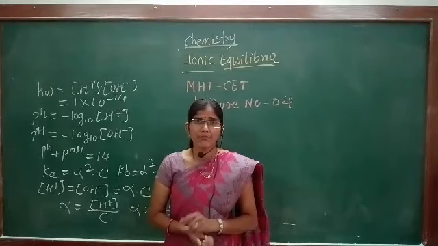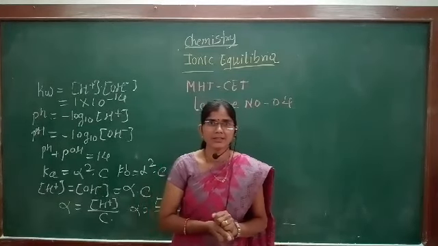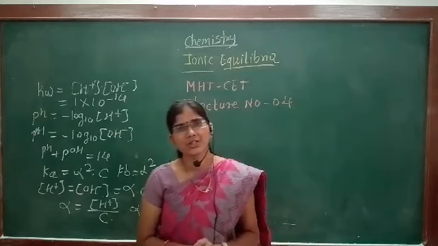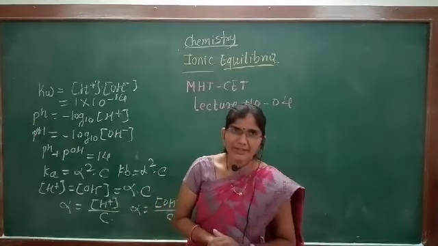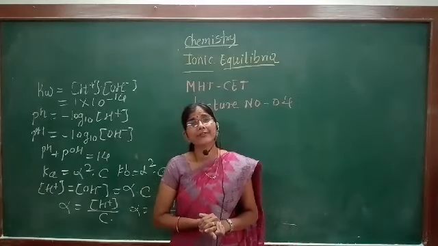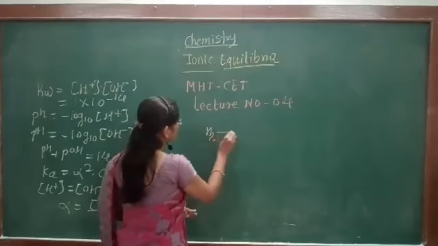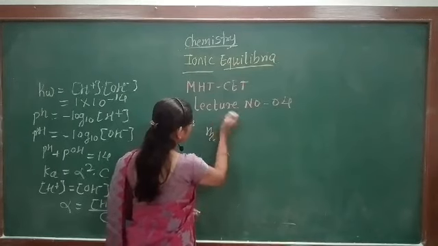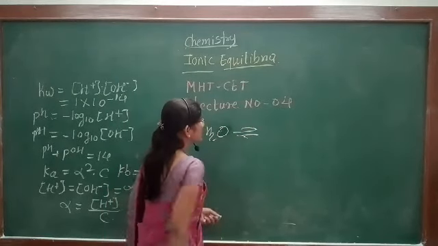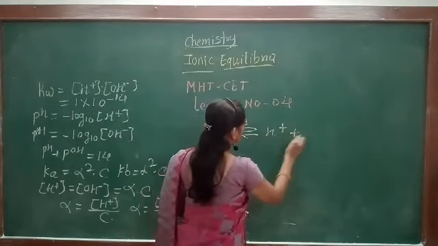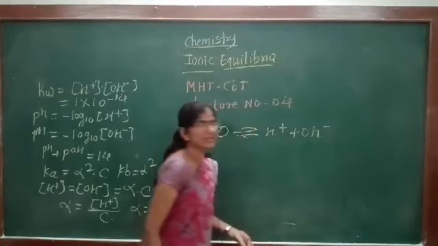So, why do we need pH and pOH? Due to ionization of water, water is a very weak electrolyte, and water dissociates as H2O into H plus and OH minus ions.